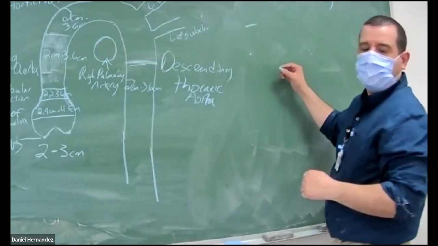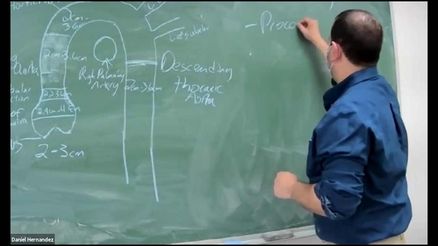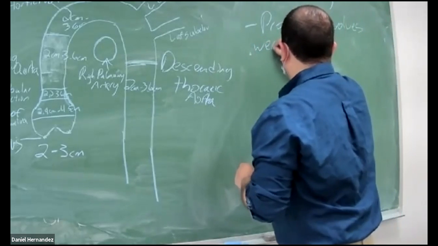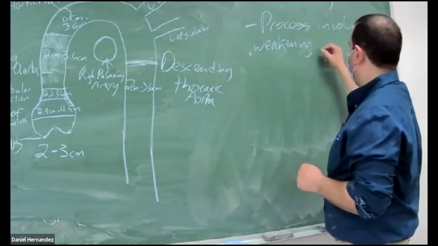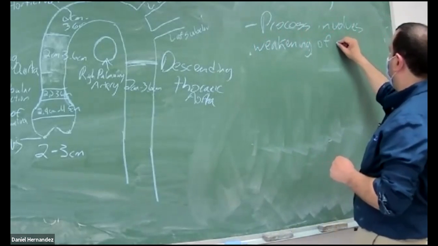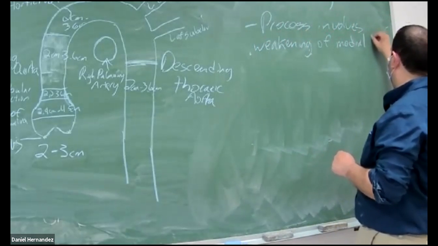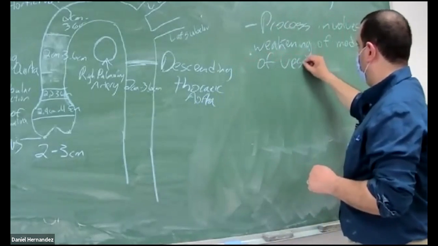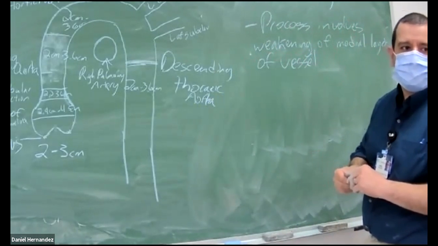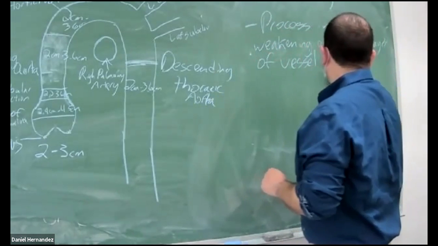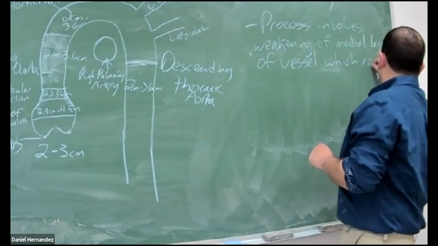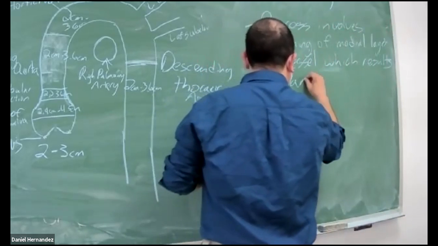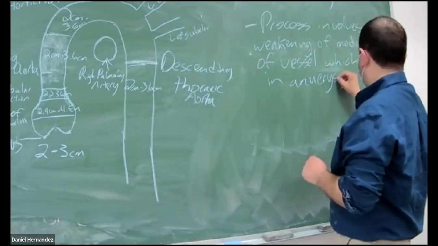The process involves weakening of the medial layers of the vessel, which results in aneurysm formation.